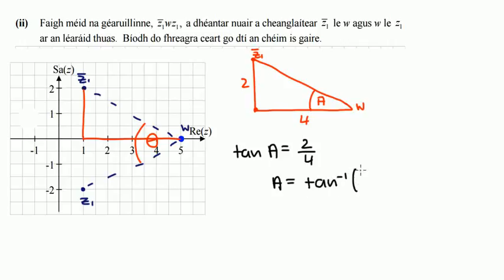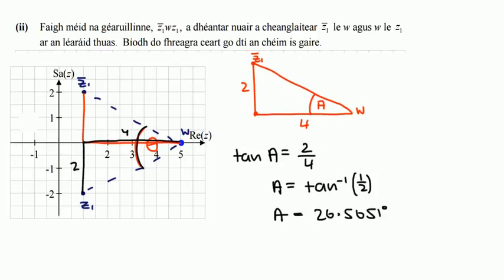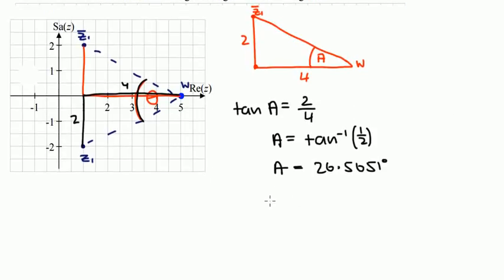So using our calculator, we find that A is equal to 26.5651 degrees. So therefore the angle that we're looking for is twice that amount, because we also have the distance 2 and we have this shared distance of 4 with the other side of the triangle. So therefore that angle is twice A, which gives us 53 degrees when they ask us to round it to the nearest degree.